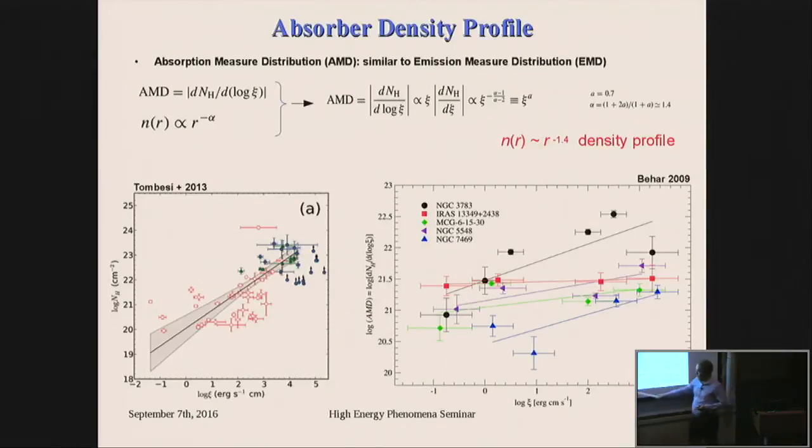Recently, Tombesi studied around 35 AGN, and he found that this index is in the range of roughly 1.4. Here blue are ultra-fast outflows, and red are warm absorbers. The warm absorber usually has a speed less than 10,000, and the ultra-fast outflow has a speed of more than 10,000 kilometers per second.